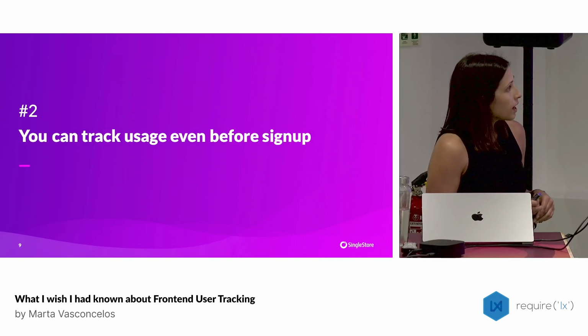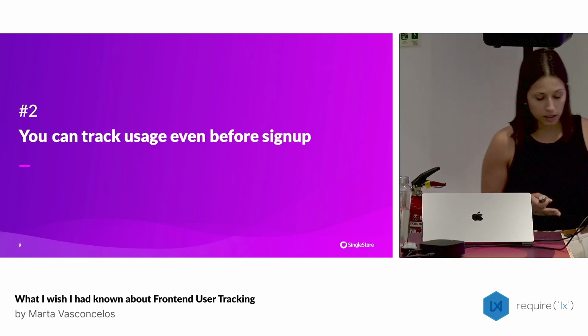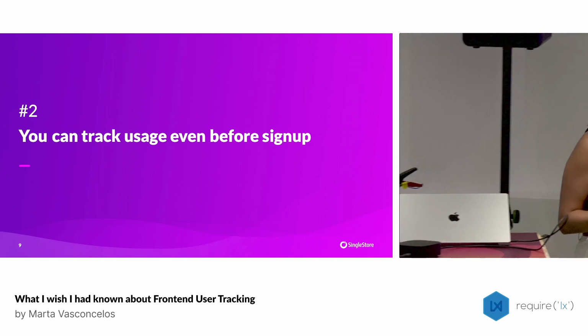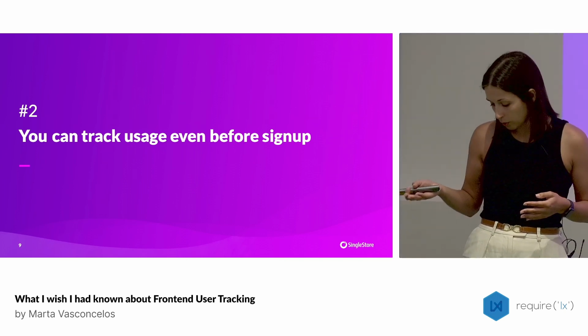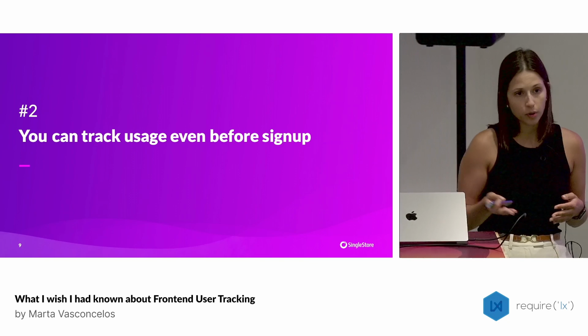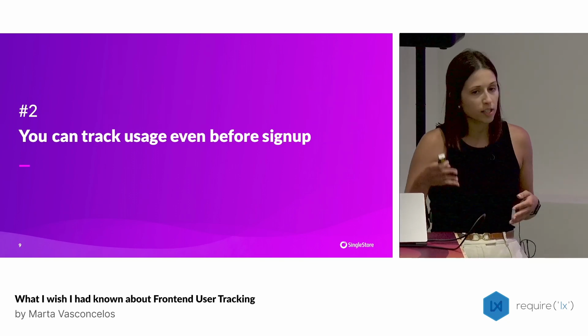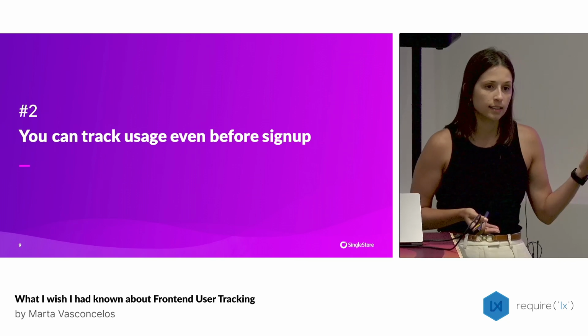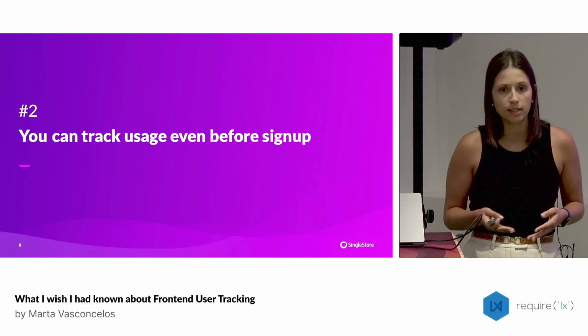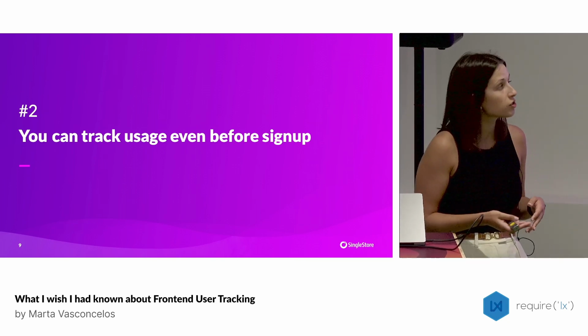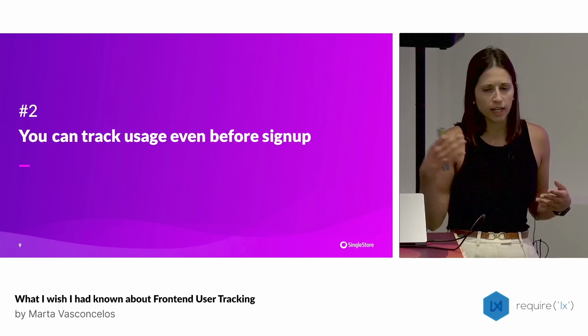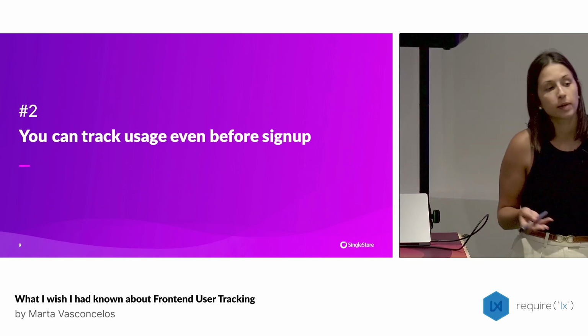My second one: as I was telling you, we have two applications, and one application has a sign-up process, so we have the usage information or data inside, and the other one is just the public website where we have our documentation, pricing pages, product pages.